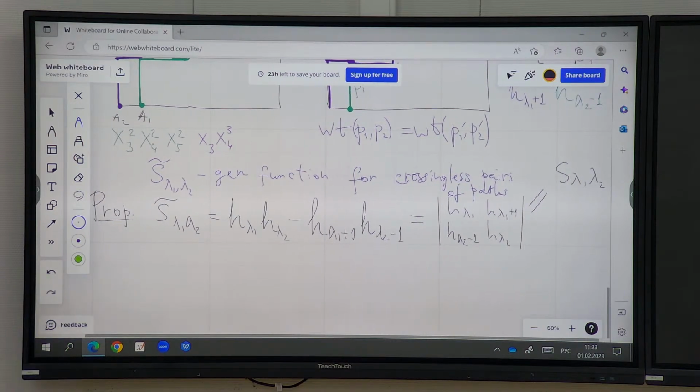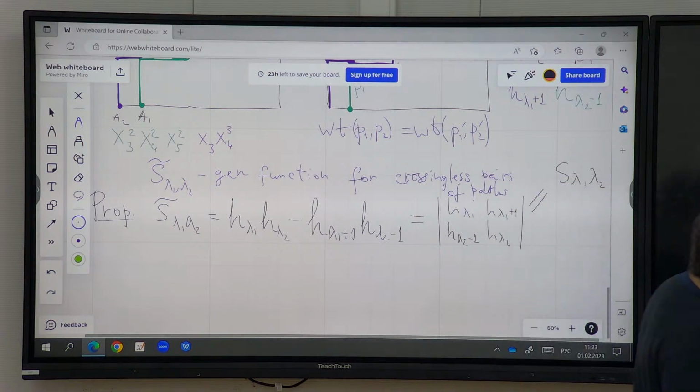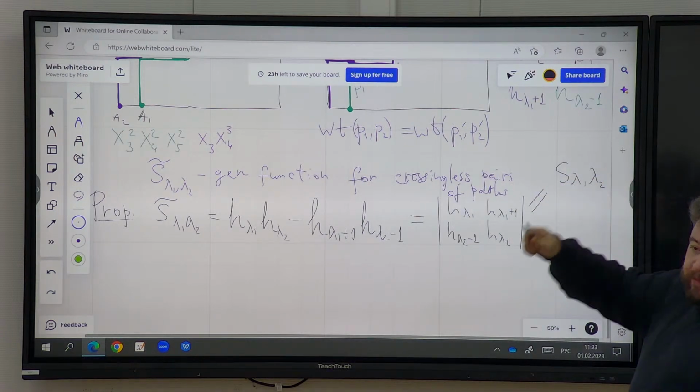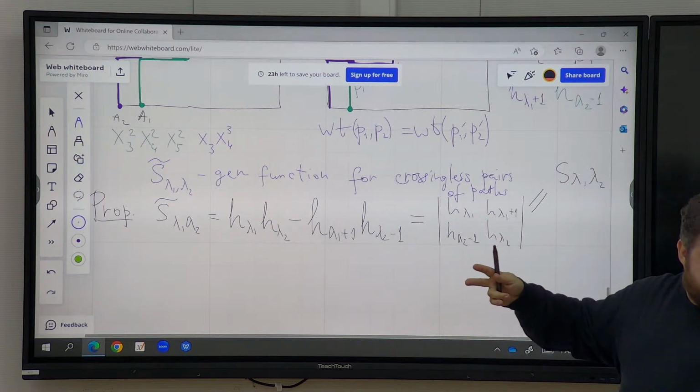Right. So the punchline is that the Schur polynomial is equal to the generating function of 2-row Young tableaus.